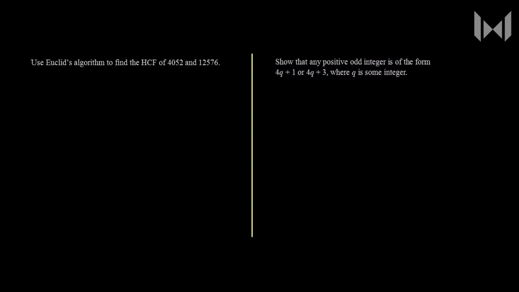So over here we have 4052 and we are dividing 12576. Now the first time we can divide, we get 3 as the quotient, and we have 12156.